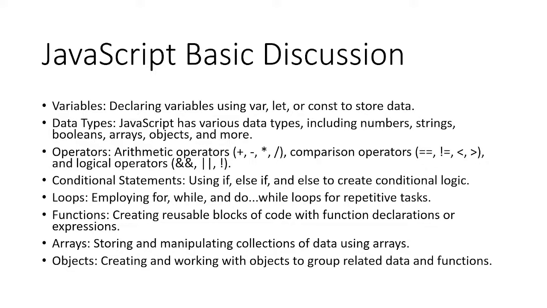Everything comes into the picture, whether it is C++, .NET or C sharp, whatever it may be: variables, data types, what kind of data types we have, operators such as arithmetic operators, comparison operators, conditional statements, loops. I don't think you need much here. Conditional statements will be there, loops will be there, functions you have.